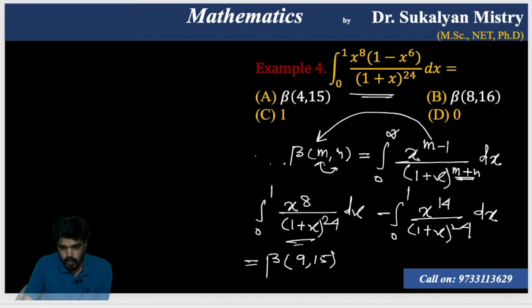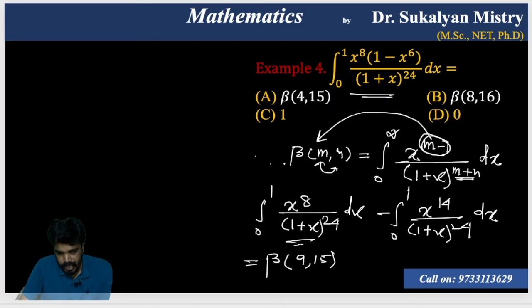Okay. Here the power of x is m minus 1, so we add 1 to the power of x. Here the power is 8, so m will be 9, and the power of 1 plus x is m plus n, so n will be 15, that is 9 plus 15 will be 24, right.